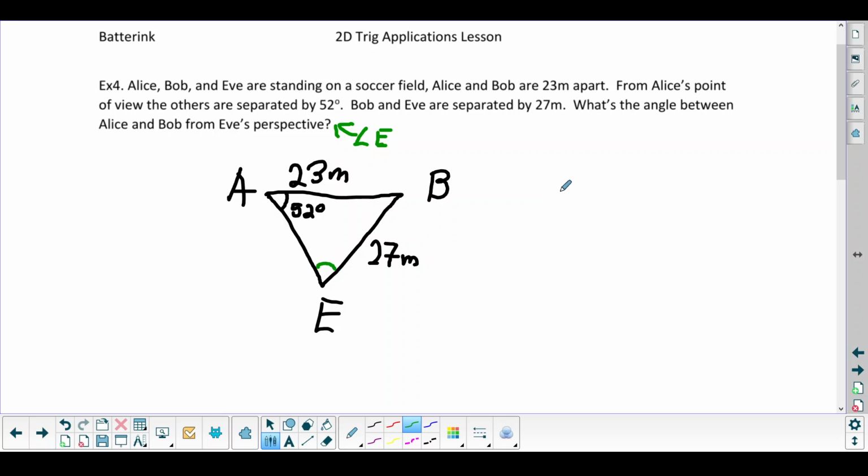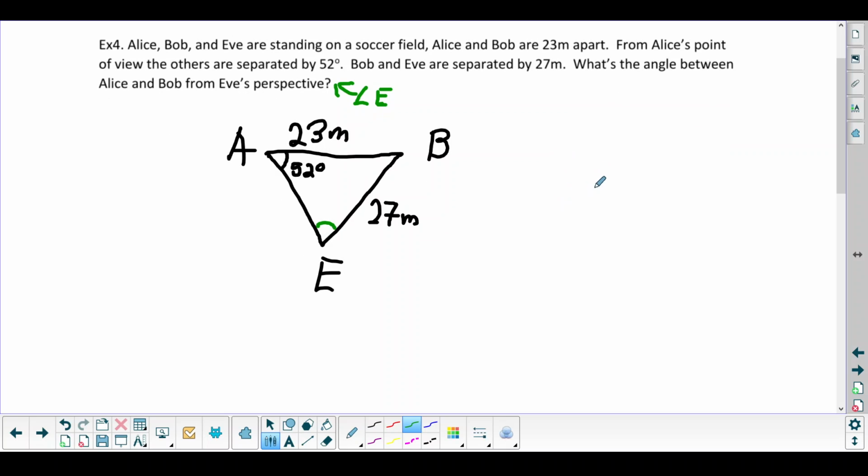Okay. So do we use sine law or cosine law? Well, we do have a sine angle pair, and we have the side length opposite of the one we want to find. So I think we can use sine law. So we can get sine E over its opposite, 23, is equal to sine of 52 degrees over its opposite, 27.